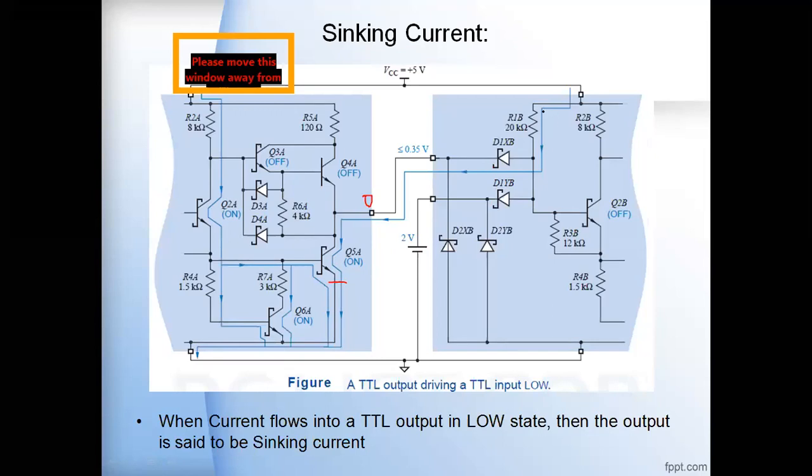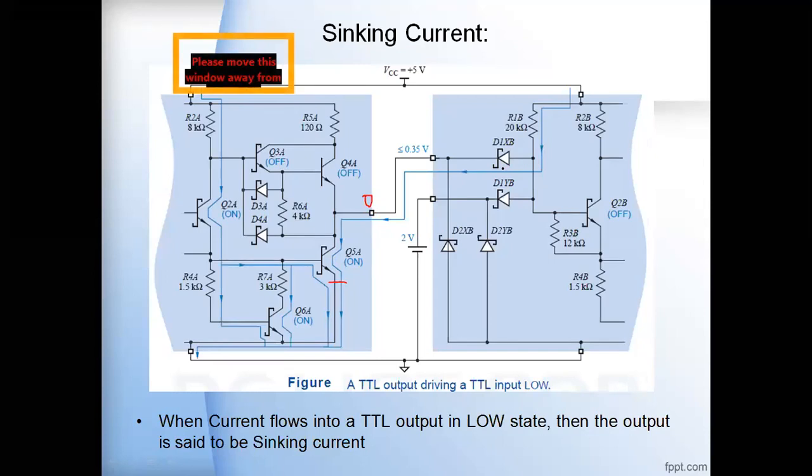See, here you have a current direction flow, because in the first gate, the output of the first gate is 0. So this 0 makes the D1XB diode forward biased.